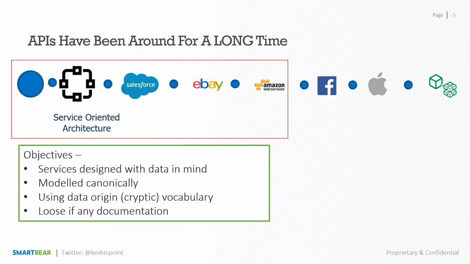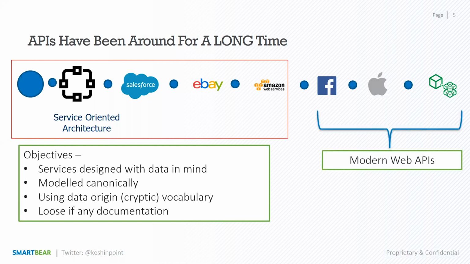So it wasn't really built for self-service. It wasn't really built for the human. However, with the rise of the platform economy, which we'll talk about in a bit, we are seeing that people who are building modern web APIs aren't thinking about it from a data-driven perspective. They're thinking about it from a human-driven perspective. How do human beings come in and actually consume these APIs? And this is both for internal APIs as well as external APIs, right?